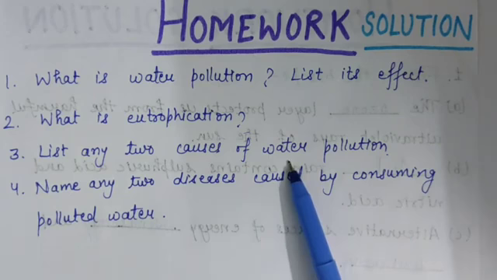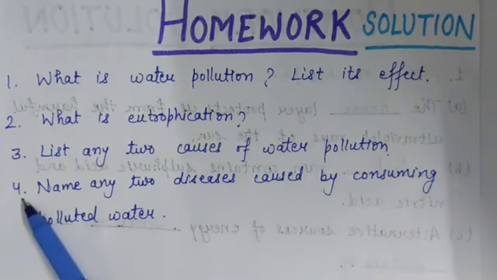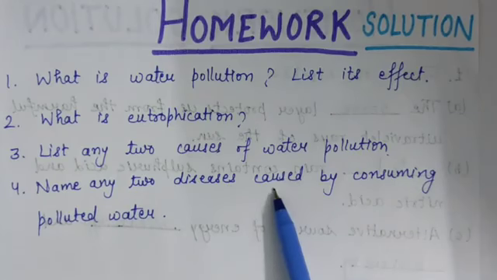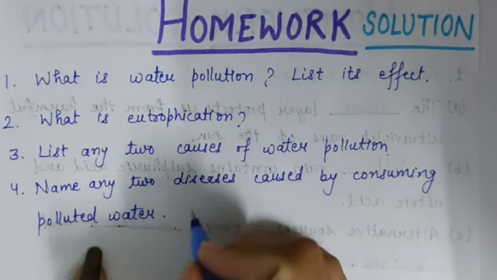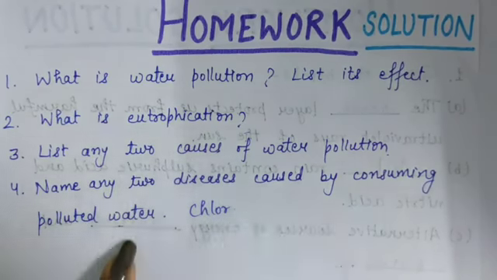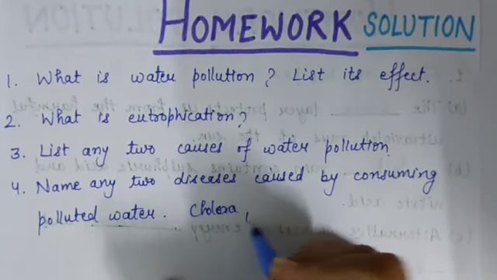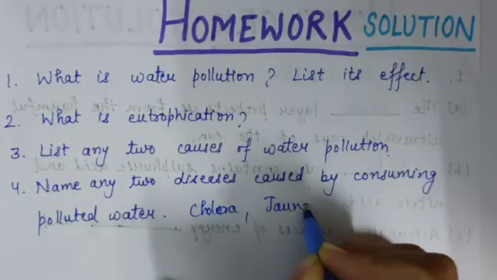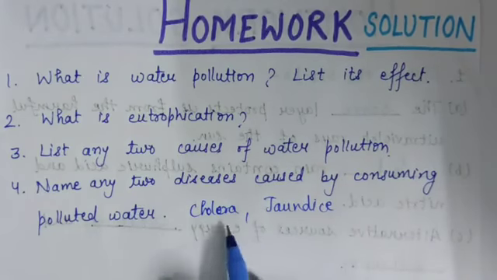These are two causes of water pollution. Okay. Question number 4. Name any two diseases caused by consuming polluted water. So, cholera and jaundice. These are two diseases caused by consuming polluted water.